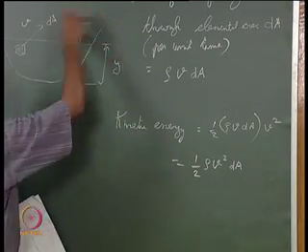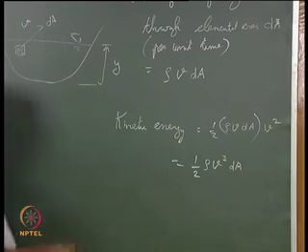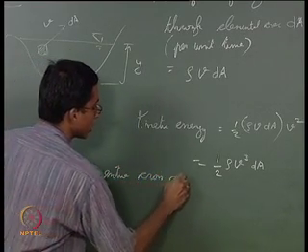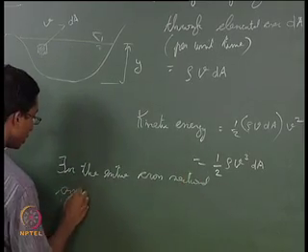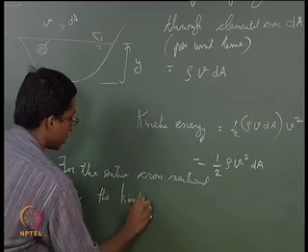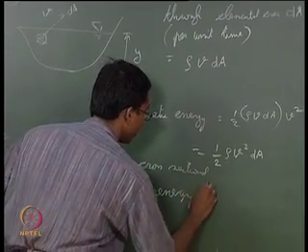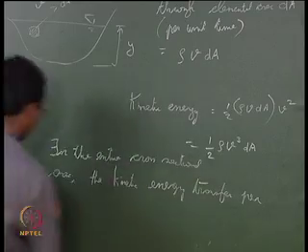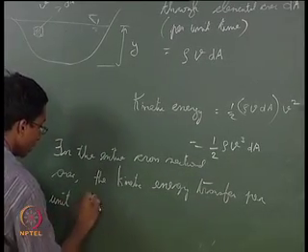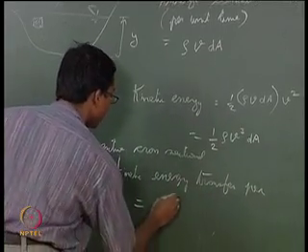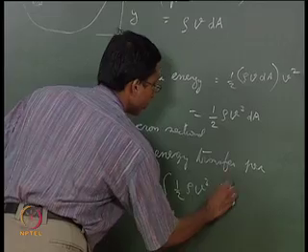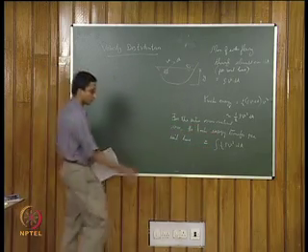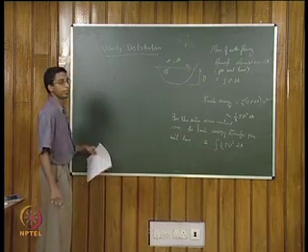If you integrate this kinetic energy transfer for the entire cross sectional area, the kinetic energy transfer per unit time will be the integral of half rho v cube dA.